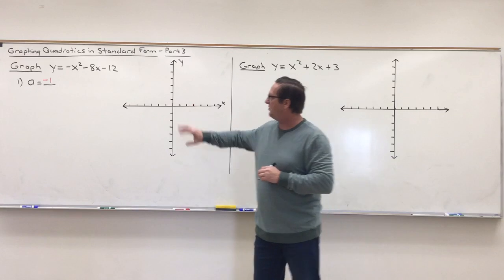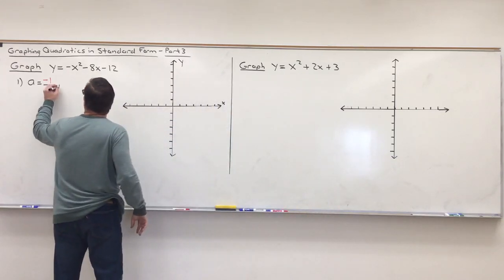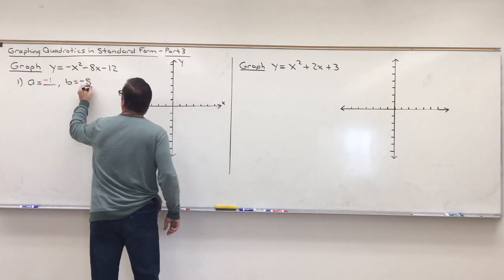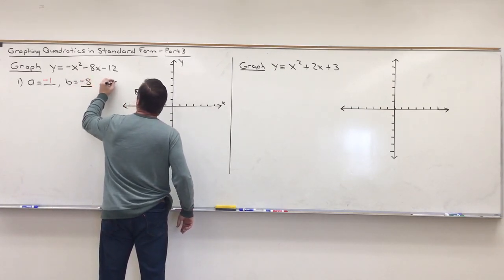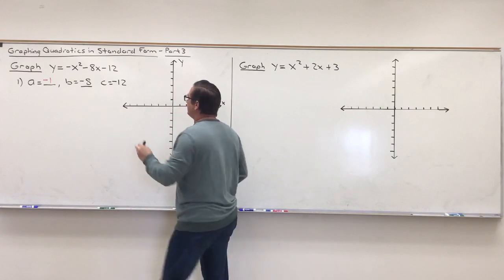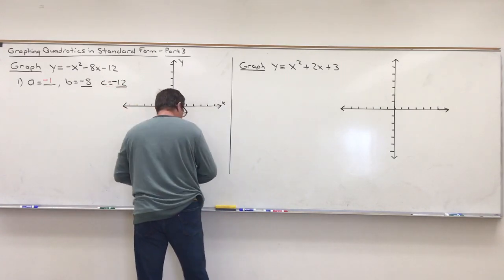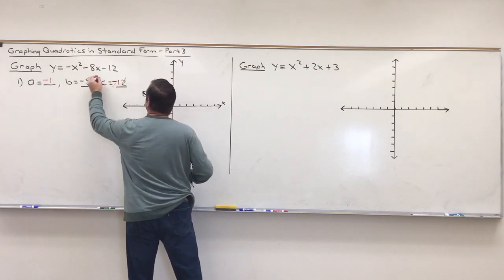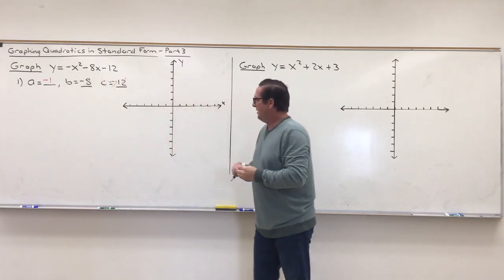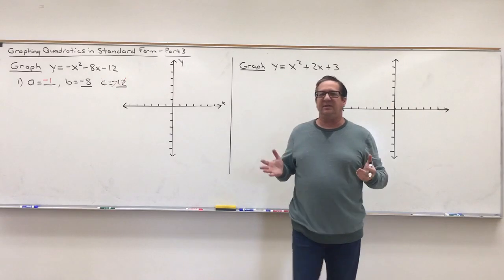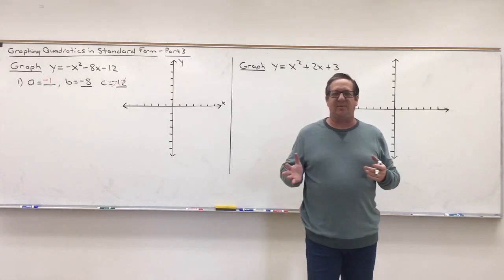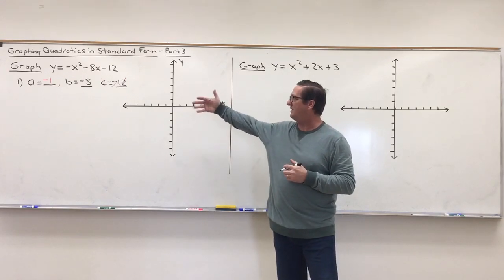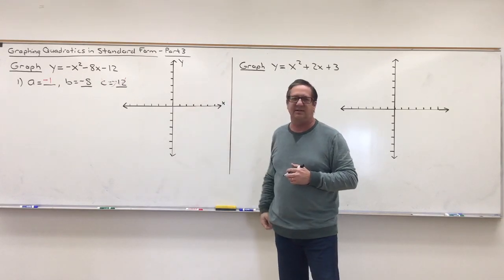So A equals -1, B equals -8, and C equals -12. And in graphing, we really don't need the C value for this part of the problem. Remember, I think I said in the last example, I like us just to keep in the habit of identifying A, B, and C.